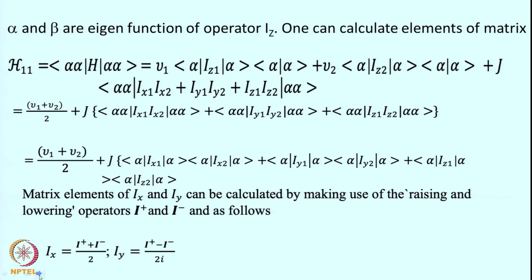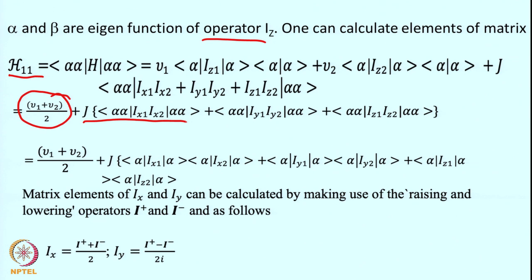Then we can go and define the eigenfunction for the operator Iz, alpha beta eigenfunction for operator Iz, and one can calculate the matrix element, and if we calculate we get this term H11, and then we can solve this equation. So, we get essentially the frequencies term here and the coupling term here.